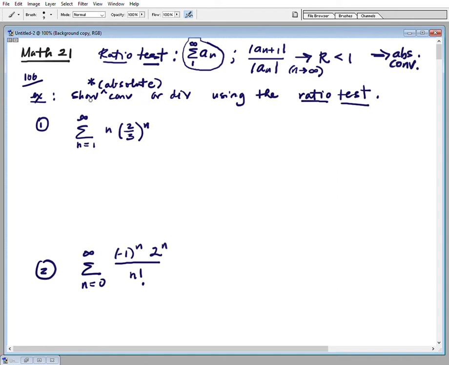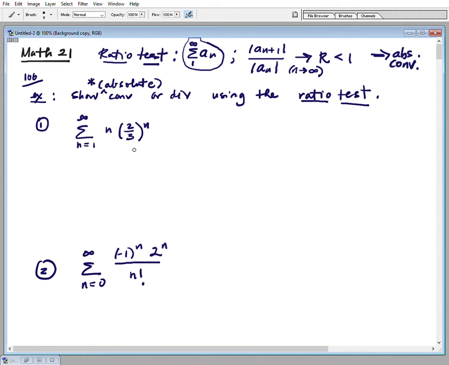So here, let's look at this example, and we'll see that when n is large, this factor takes over. This factor n over here is large, but this one, 2/3 to the n, will be very, very small, and the fact that this n is multiplying won't be that significant. So let's try the ratio test.